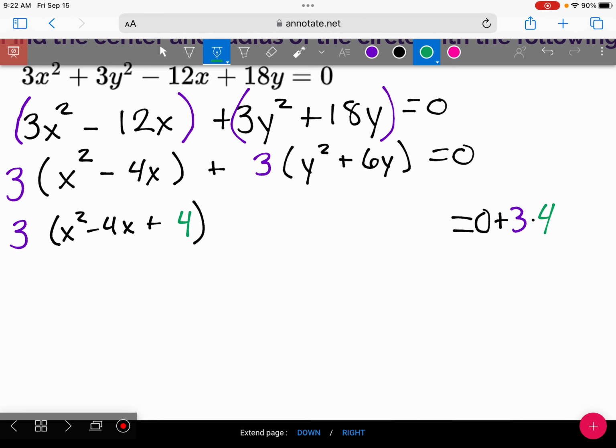Because it's 3 times this whole chunk. If I've added that 4 inside the chunk, there's 3 of those chunks elsewhere. So we have to include 3 of the 4s because I added it into all 3 sets.